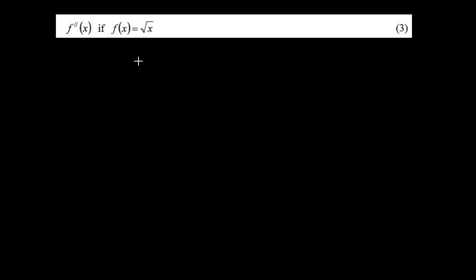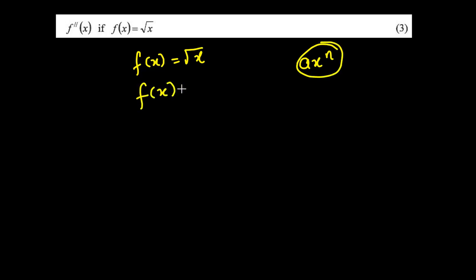Okay, so you already have your f of x as square root of x. Now remember, you want it in this form. So you're going to say f of x is equal to x to the exponent 1 on top, and then whatever was there goes on the bottom, like this.